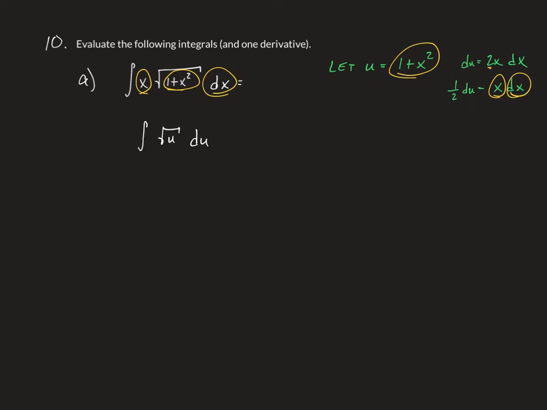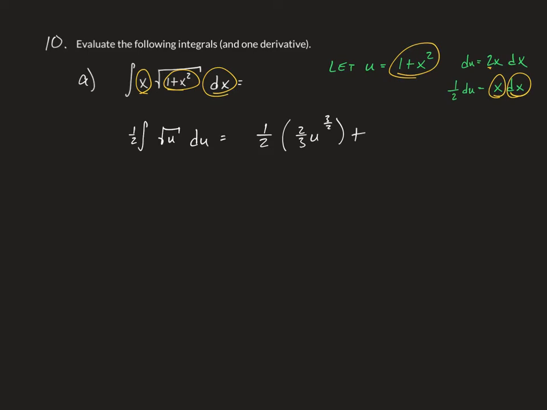So I can't just put the du, I also have to put the 1/2, which is a constant that I'm going to put outside the integral. And now I can evaluate this because I can take the antiderivative of the square root of u, so that's going to be 1/2 times u to the 3/2 times 2/3. We just did an example like that.